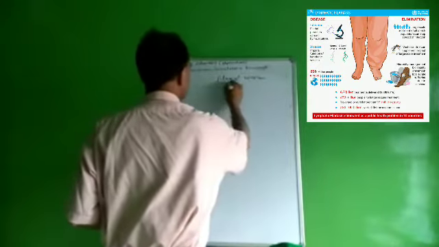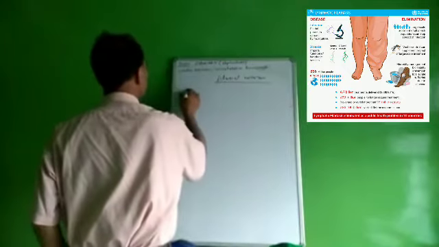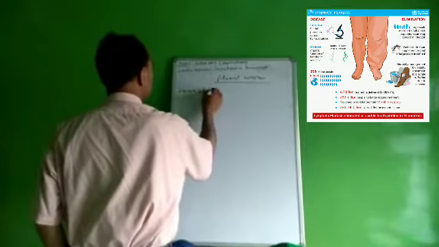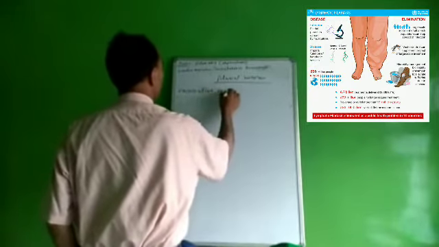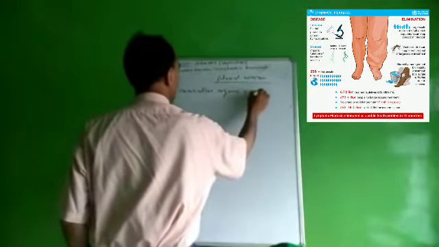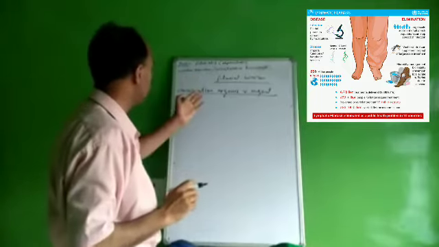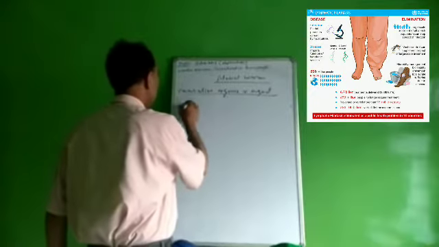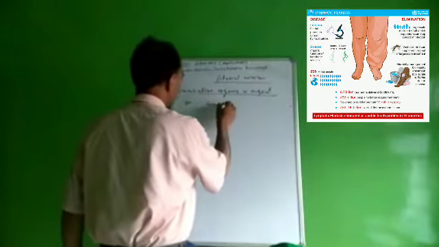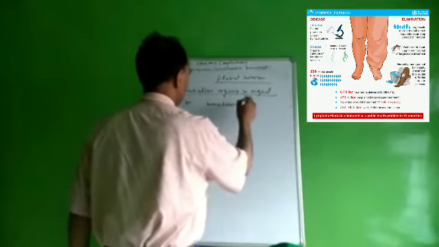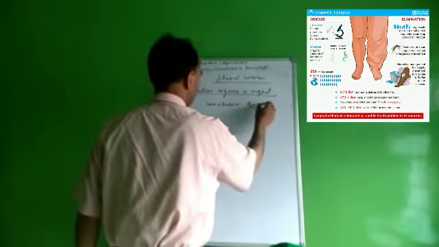The causative organism or agent of this disease, filariasis, elephantiasis, is Wuchereria bancrofti.